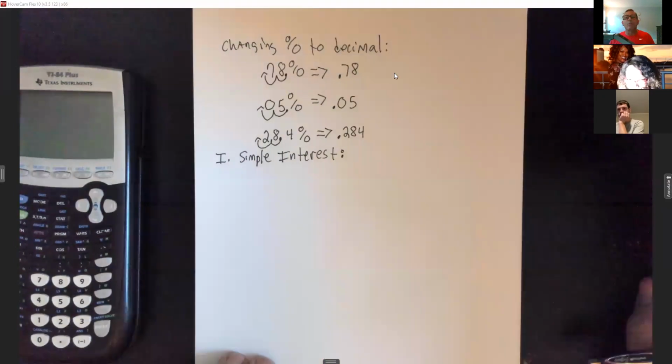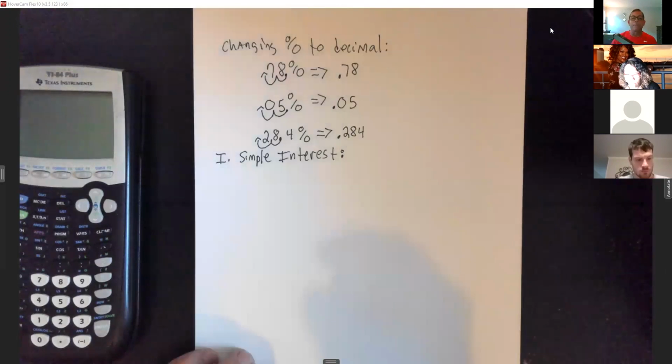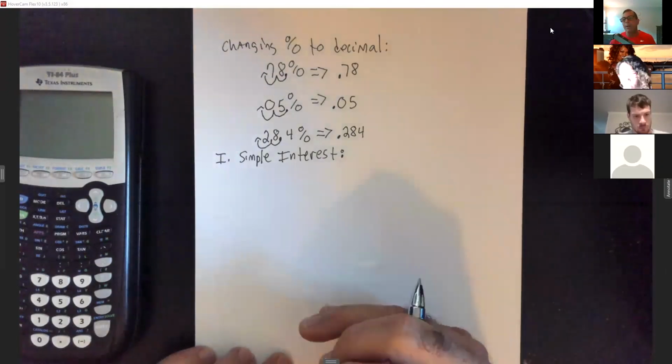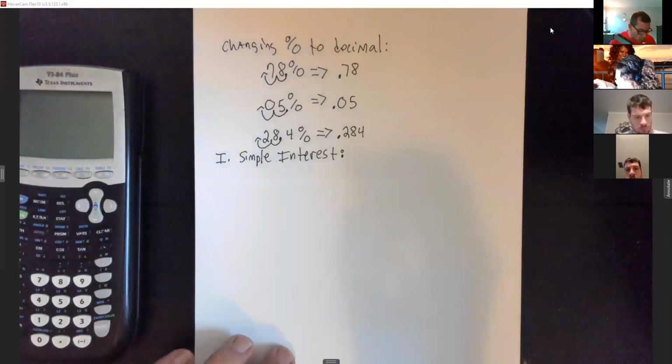All right, y'all, so simple interest is just interest that they charge me once a year, okay? So if I had 5% interest, they would charge me that once a year, and that would add to my total, okay? So it's just charged once a year.